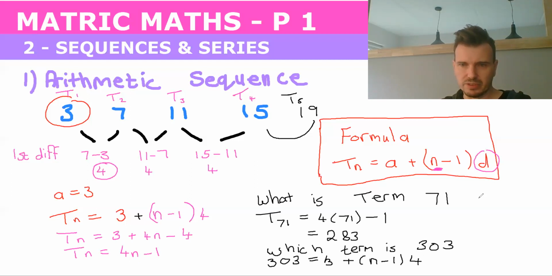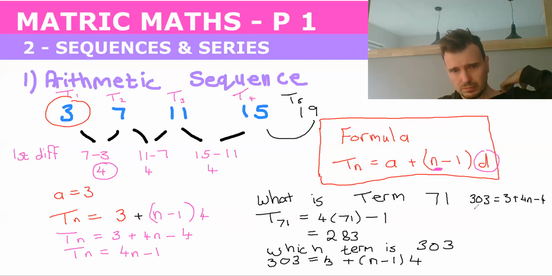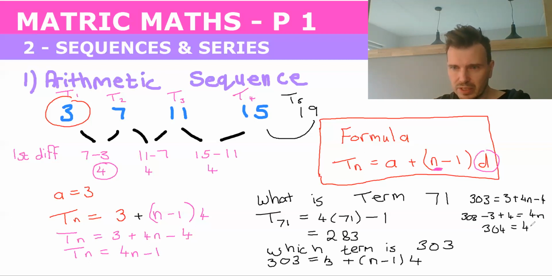Okay, I'm just going to continue this over here. So you've got 303 equals 3 plus 4n minus 4. Take the 3 and the 4 across. So it becomes 303 minus 3 plus 4 equals 4n. And so you have 304 equals 4n.